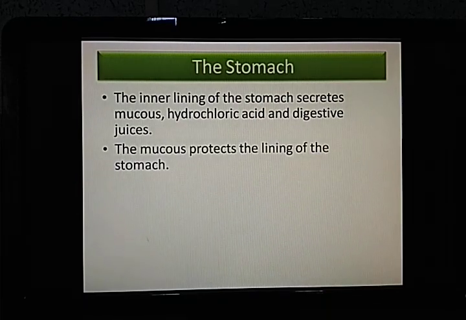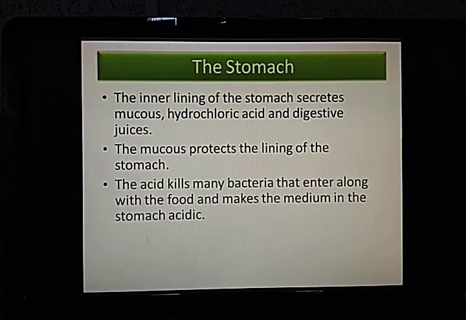Now the mucus protects the lining of the stomach. What is mucus? It is very important because it helps to protect the inner lining. Obviously, if such reactive things are going on inside the stomach, then the stomach also needs to be protected, or else it will penetrate the stomach walls. So mucus helps in that.